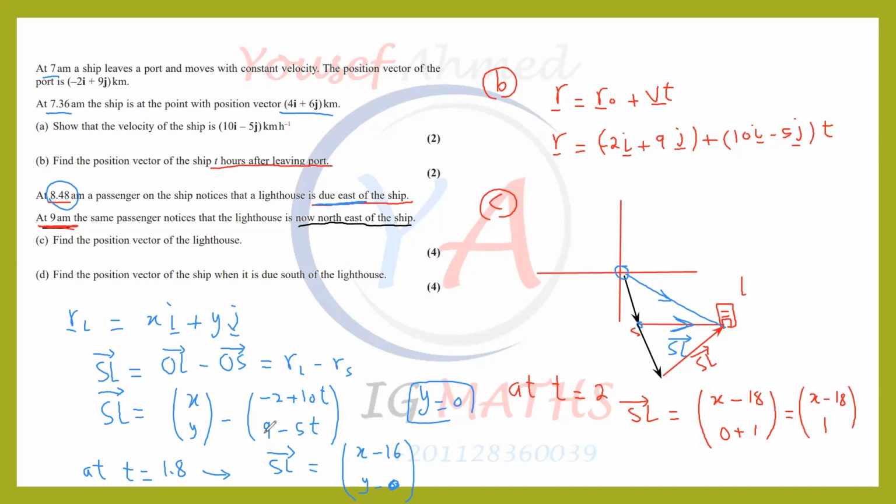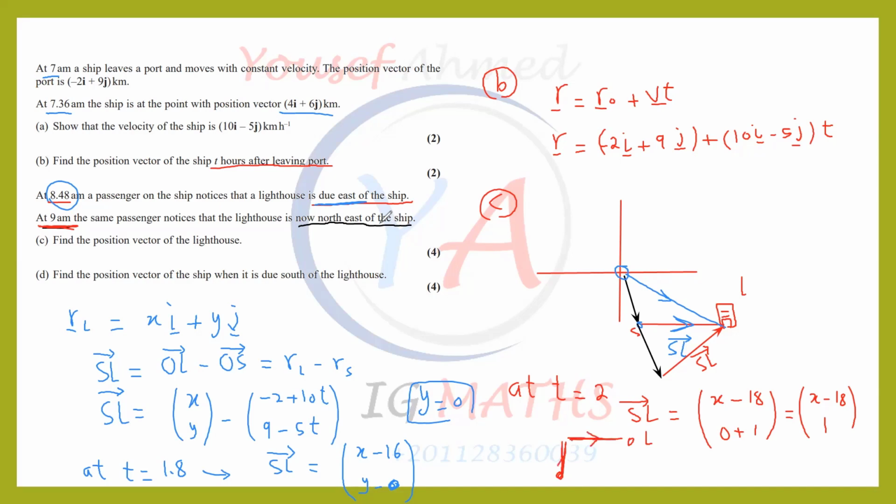This is the displacement between the ship and the lighthouse, and it was mentioned that it's northeast of the ship. So if I'm at the ship and I want to go to the lighthouse, I will move north and then east.